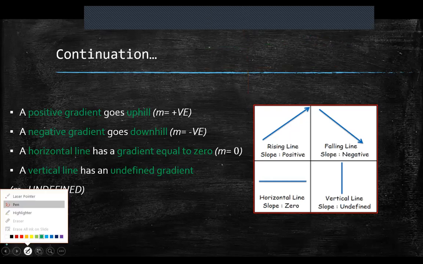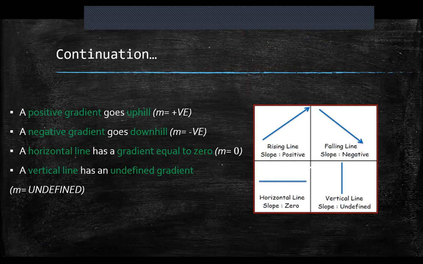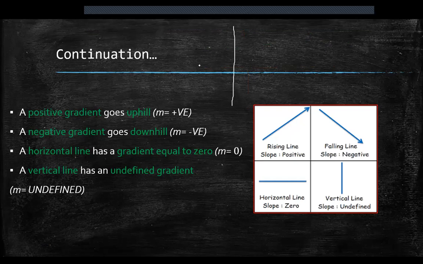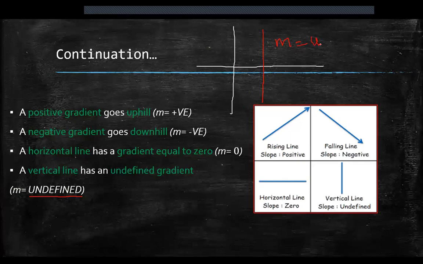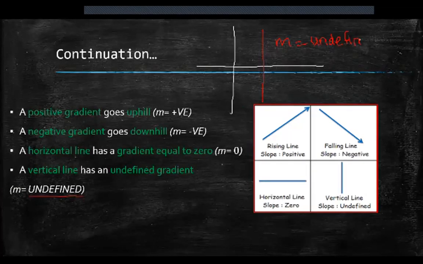And last one, y-axis, x-axis. If my line is vertical, then the gradient is undefined. So m, undefined. So always remember that for horizontal and vertical lines.